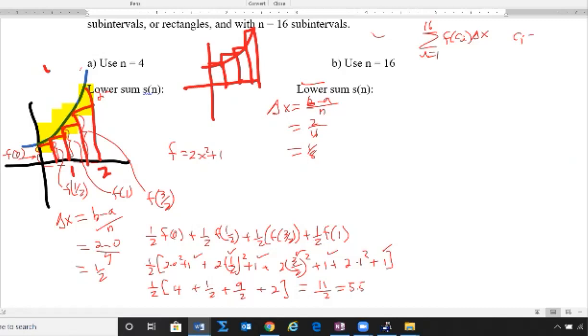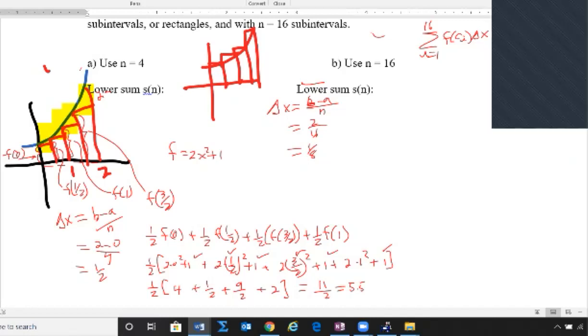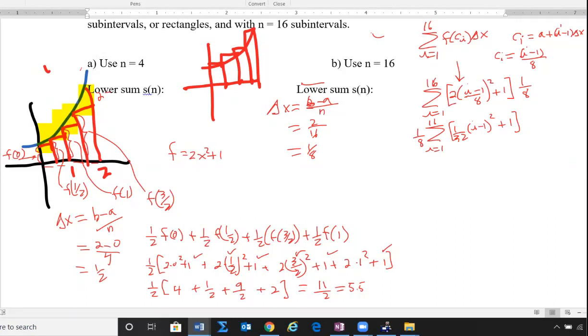Okay, so here's what we have. C sub i, in general, if you're using that left endpoint, will be a plus i minus 1 delta x.